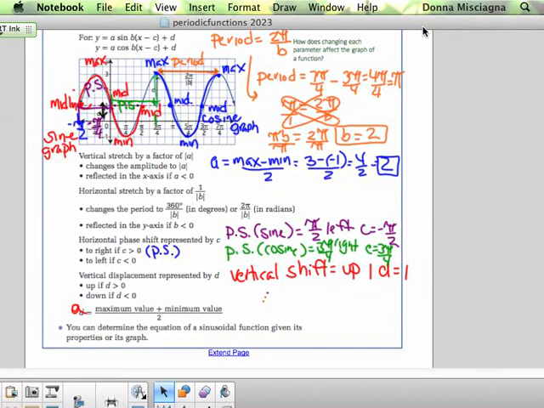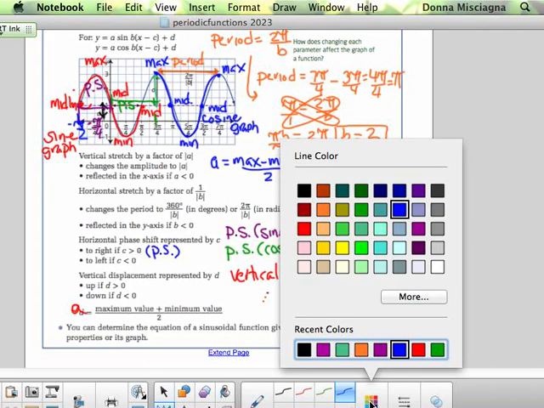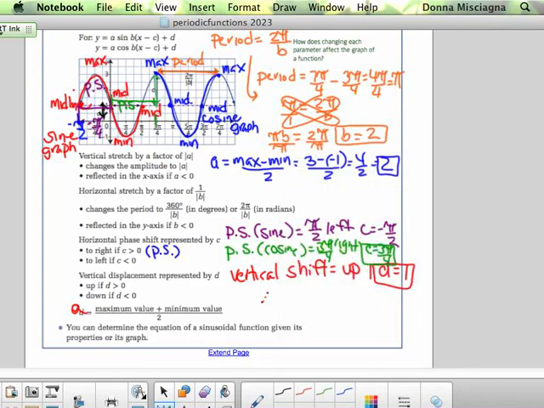The only thing that is going to be different is the C. So here's D, and we have the two different C's. One for the cosine graph, and one for the sine graph. All right, and I guess I haven't used black, so I'll write them both in black.